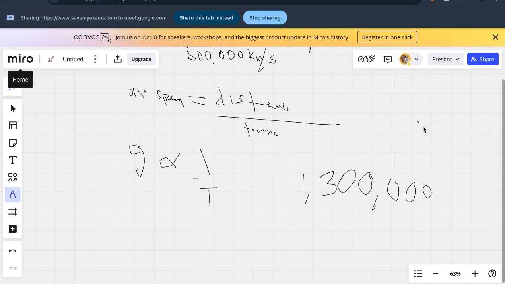The sun is 1,300,000 times bigger, meaning you take 1,300,000 Earths to fit the sun. Let's say this is the sun, the Earth is just this dot. You take 1,300,000 Earths to fit the size of the sun. So you can imagine that.